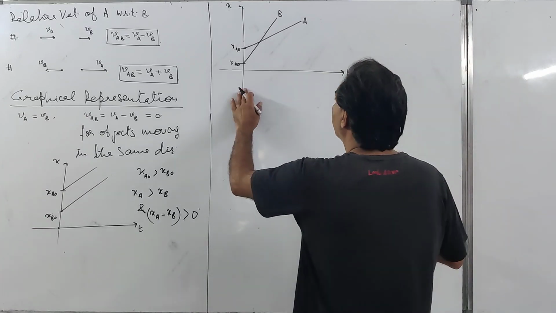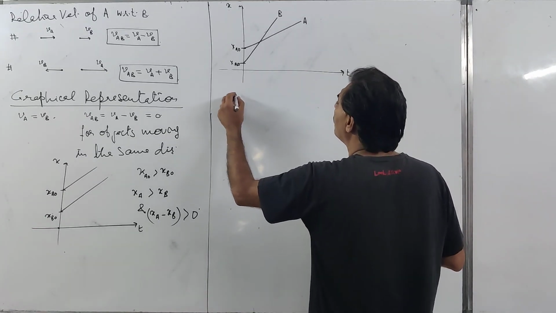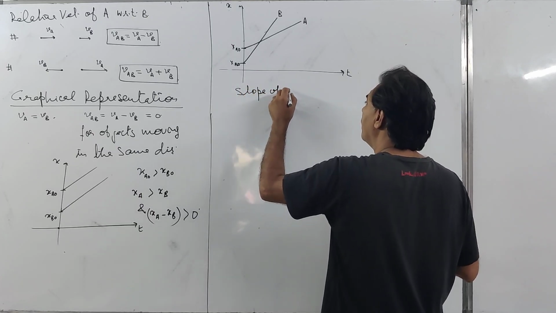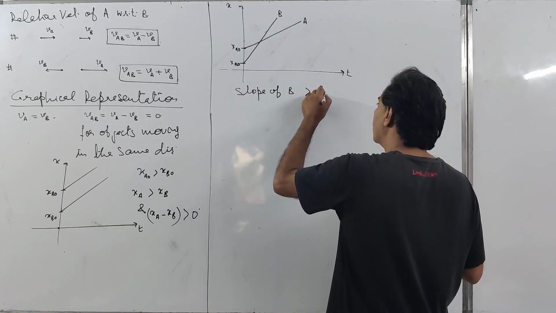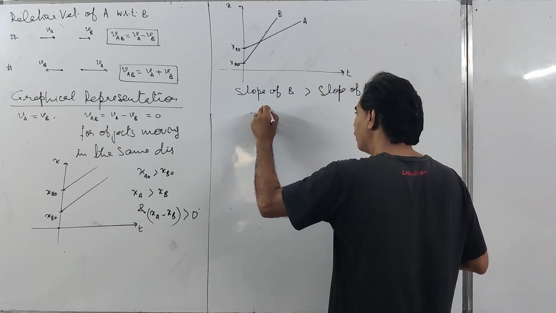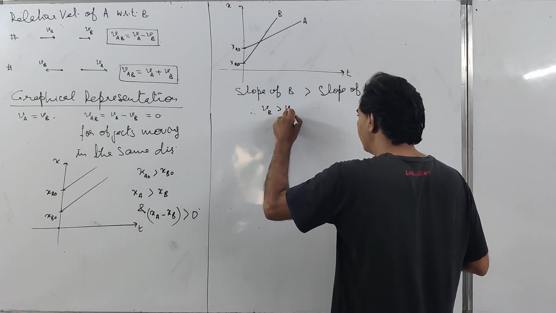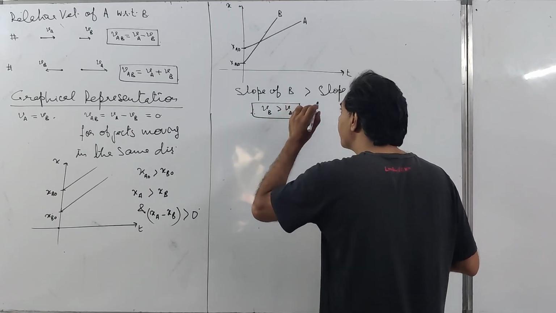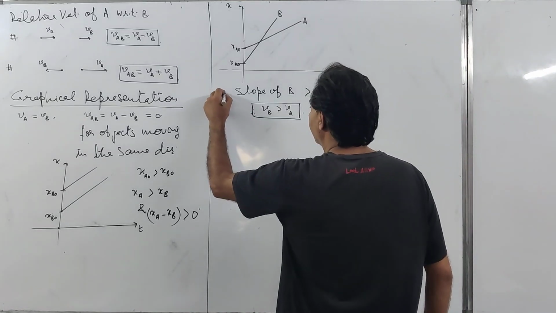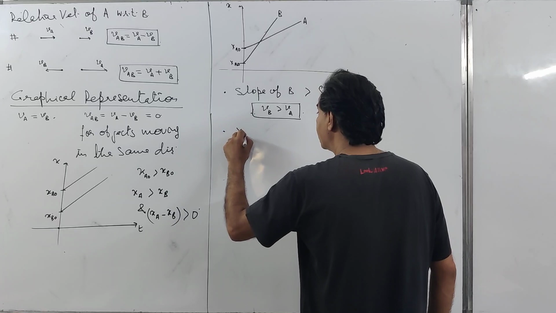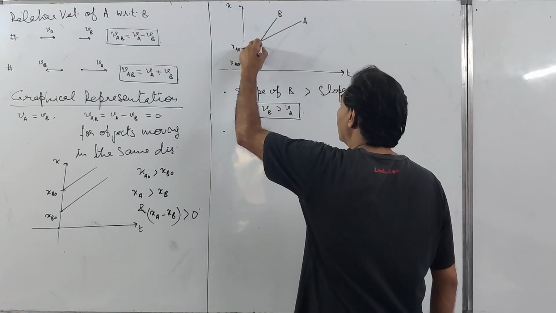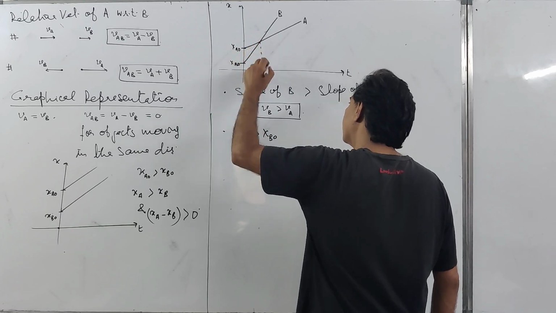From the graph now, slope of B is greater than slope of A. Therefore, velocity of B is greater than velocity of A, right? xa naught is greater than xb naught. Let this correspond to a time t.